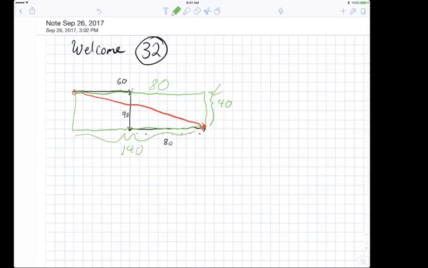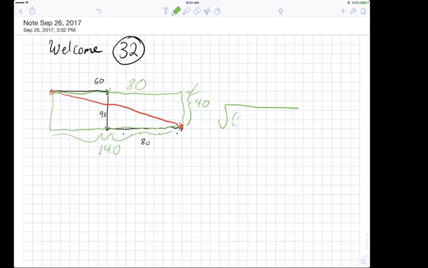And so the length of the hypotenuse, according to Pythagoras, is 40 squared plus 140 squared, all square rooted. I'm going to get my calculator out. 40 times 40 plus 140 all squared, square root that, 145.6 centimeters.